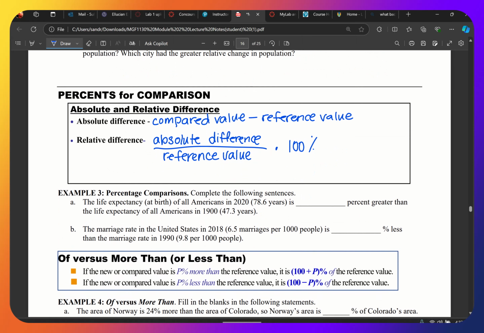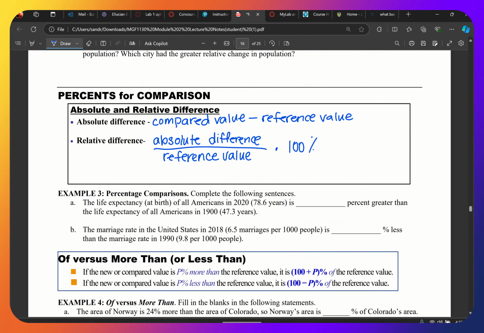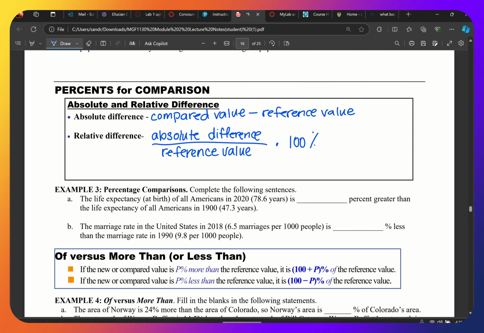All right, next problem. The life expectancy at birth of all Americans in 2020 was 78.6 years. It is blank percent greater than the life expectancy of all Americans in 1900, which was 47.3 years. Well, what's the absolute difference? Let's call this AD. This is 78.6 minus 47.3, right?